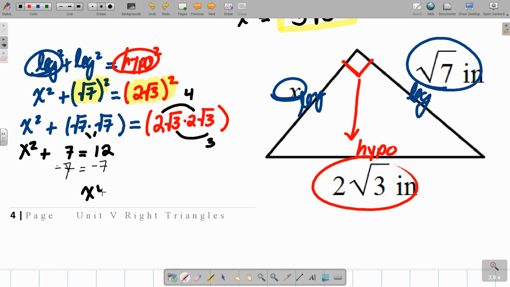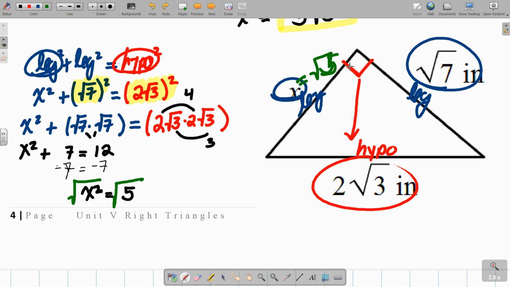We have x squared equals 5. Of course, we square root. If we can't simplify, we simply leave it under the radical sign. So this x is simply going to be square root of 5, because there's nothing else you can do there.